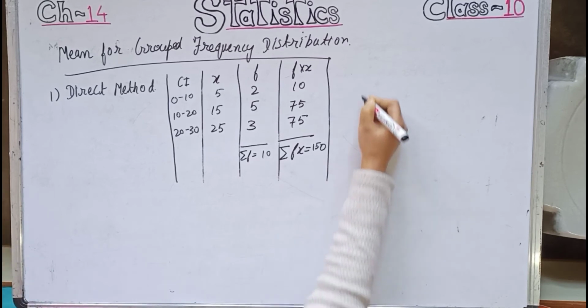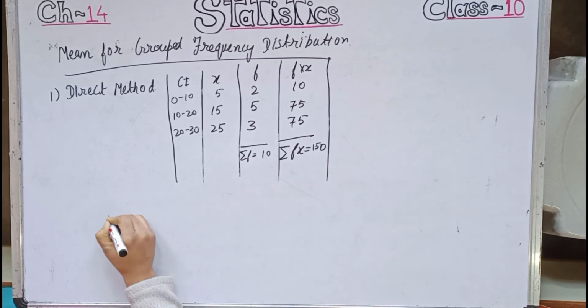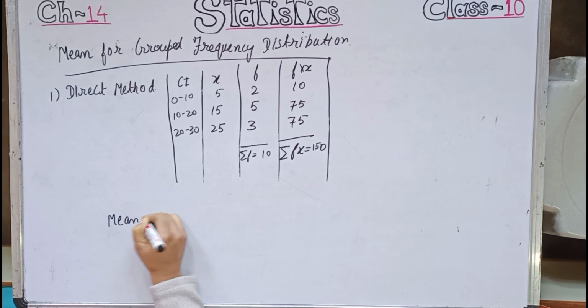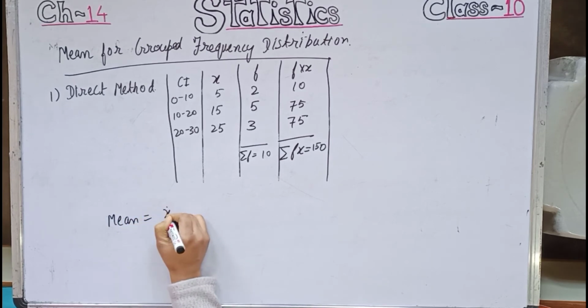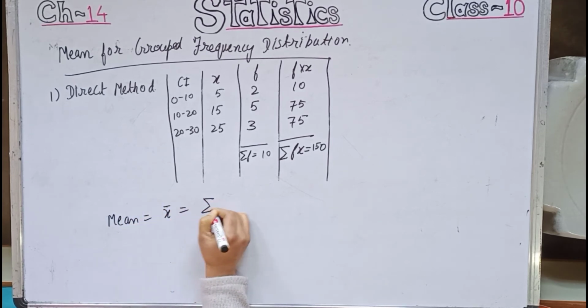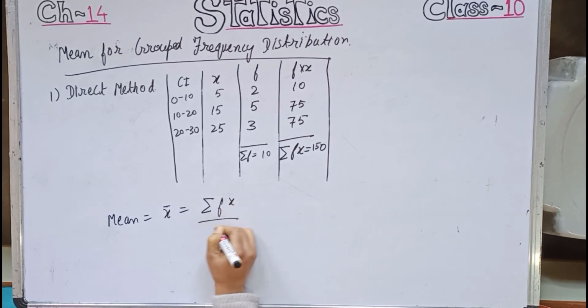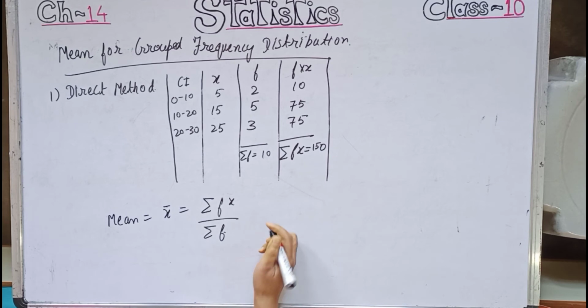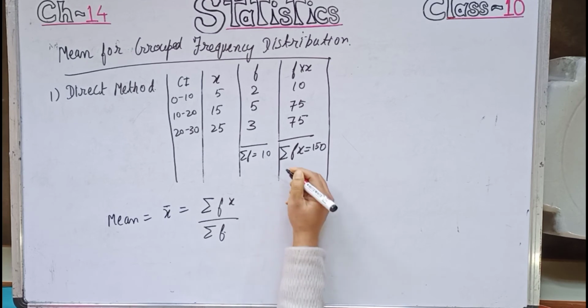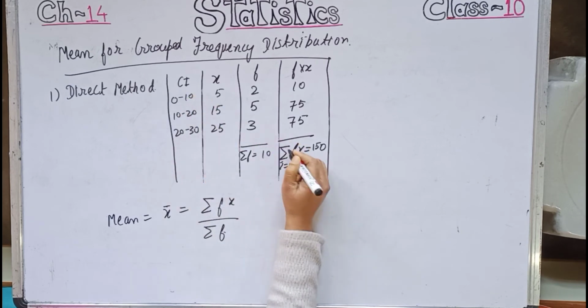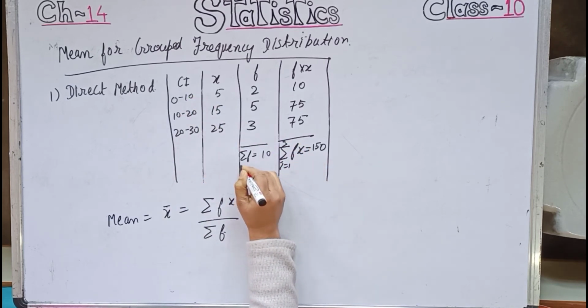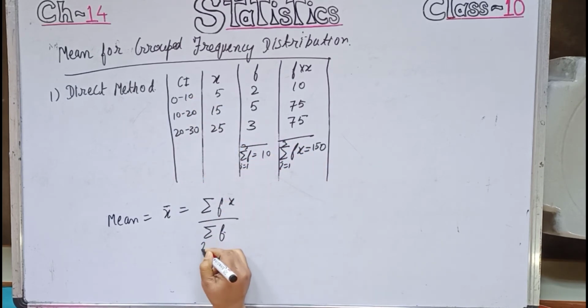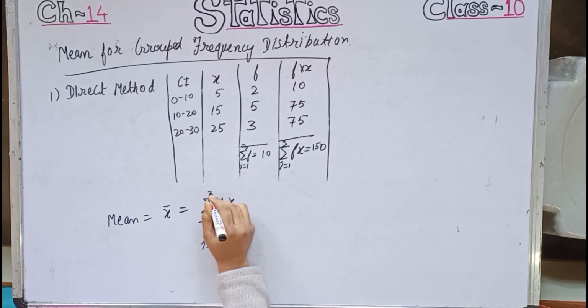Then mean equals x bar equals summation of fx divided by summation of f. Now here, if you want to write i, we will write summation i equals 1 to 3.